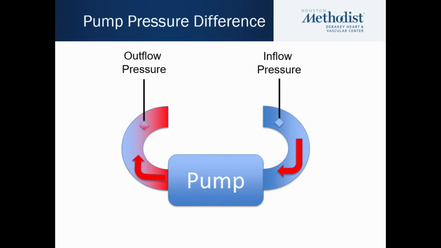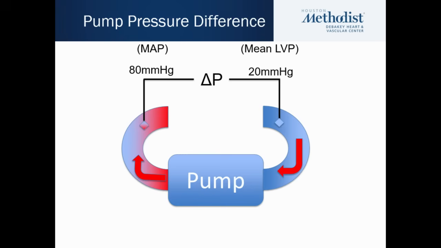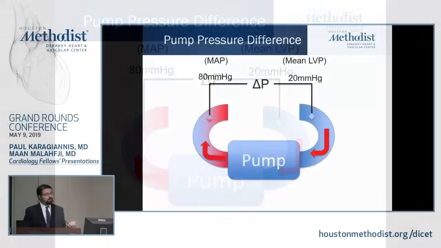You can imagine that there is a pressure present in the inflow cannula, denoted here as inflow pressure, and a pressure in the outflow cannula, the outflow pressure. If you wanted to analogize these to pump preload in the inflow and pump afterload in the outflow, that would be a good analogy to make. Ultimately, though, the pump is agnostic to the relative pressures themselves in the outflow and the inflow.